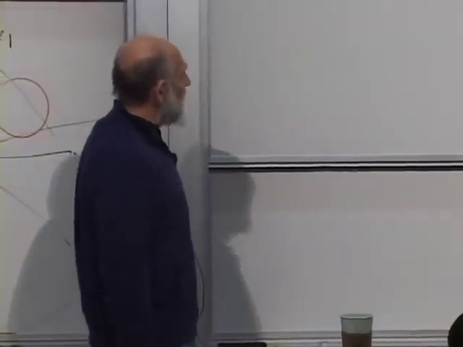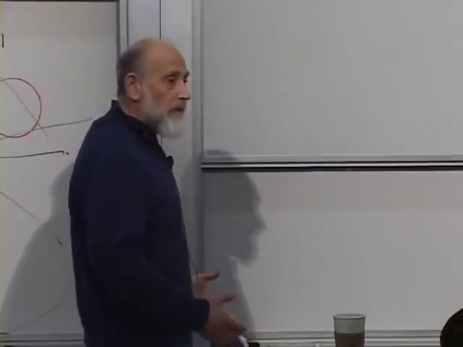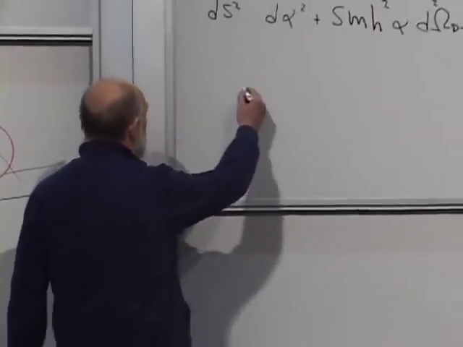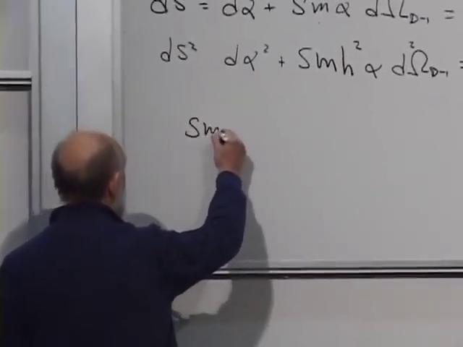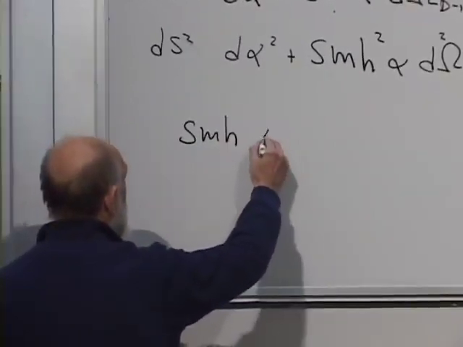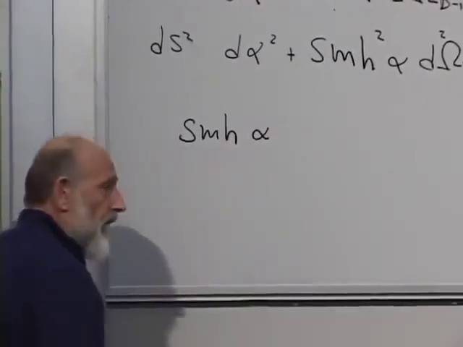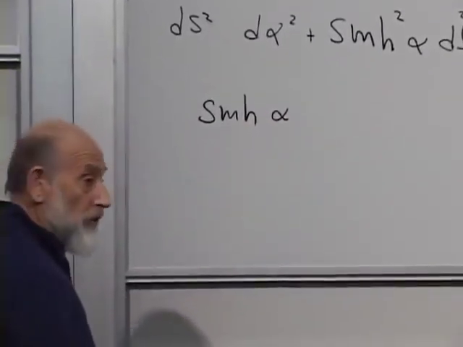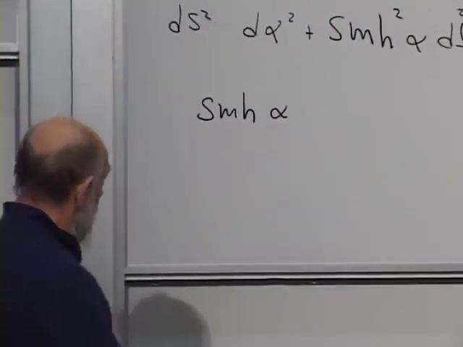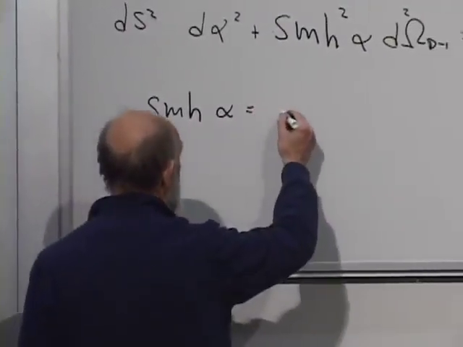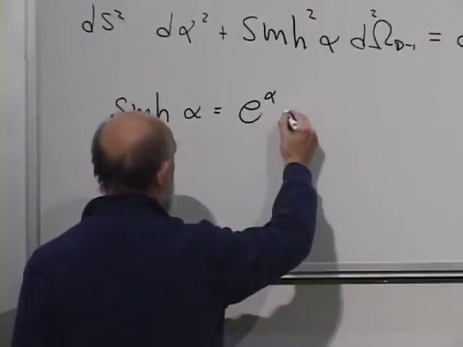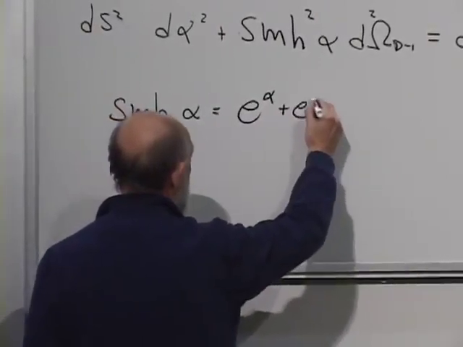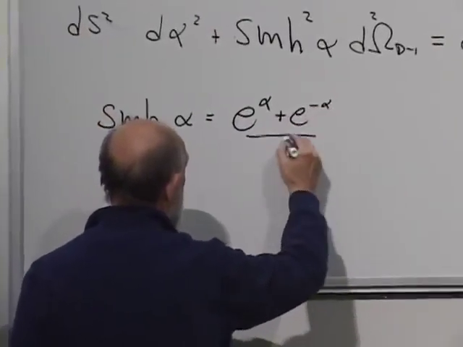I'm going to write down what the meaning of hyperbolic sine is for those who don't know. It's a very simple function. The hyperbolic sine of a variable alpha, which is not an angle anymore, is just by definition e to the alpha plus e to the minus alpha divided by 2.